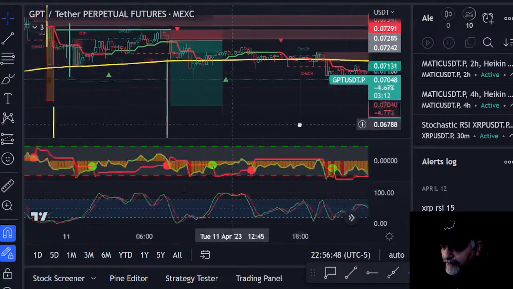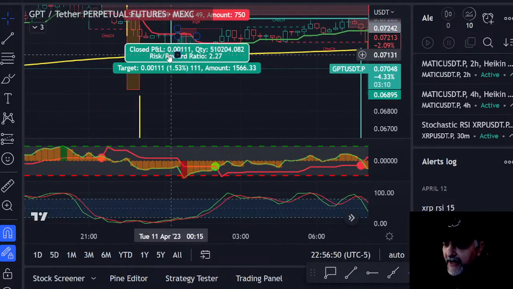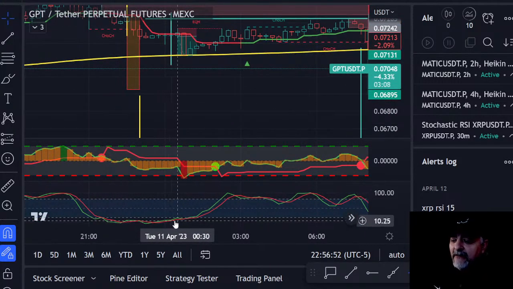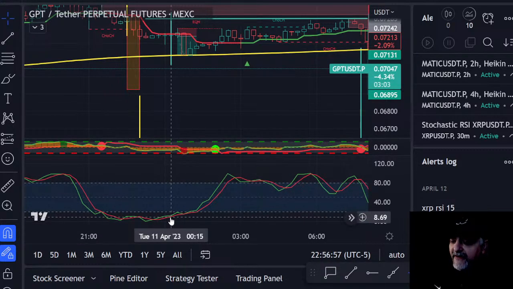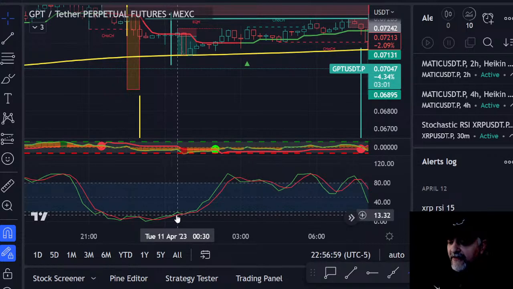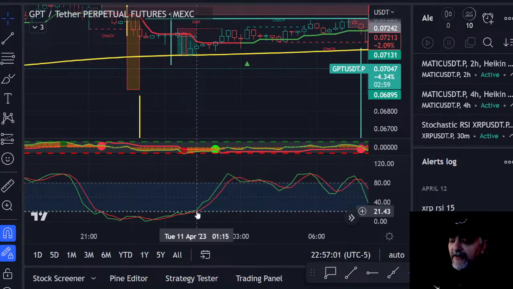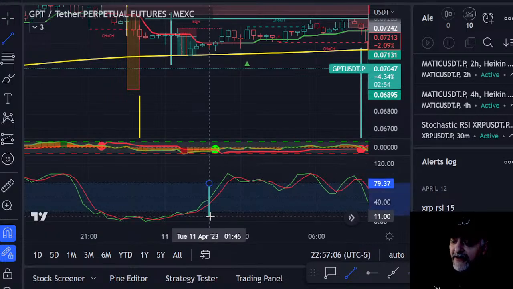All right, so now we take a look, and at this moment here, we have our moon, and we realize at this point right here, the 15-minute RSI is at the bottom here. You see that? But it's starting to move up, right? So as it starts to move up, we're going to wait for the reset. So as it starts to reset, like for instance, right in this area here, notice how it's starting to reset right here.